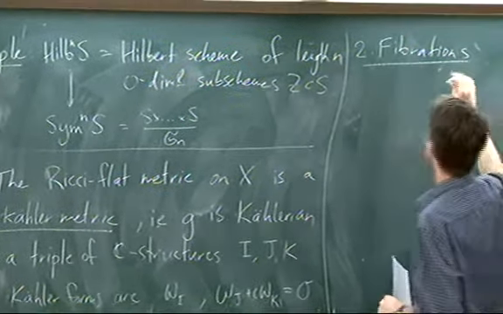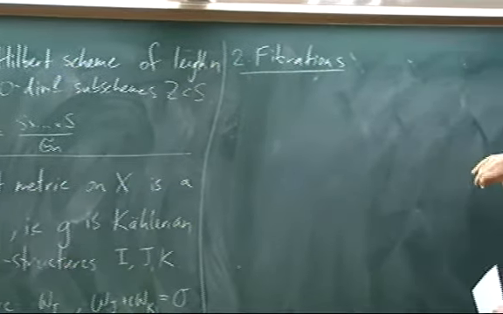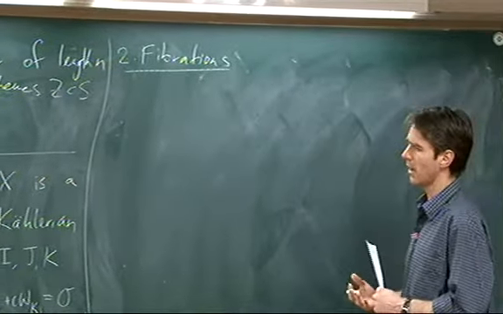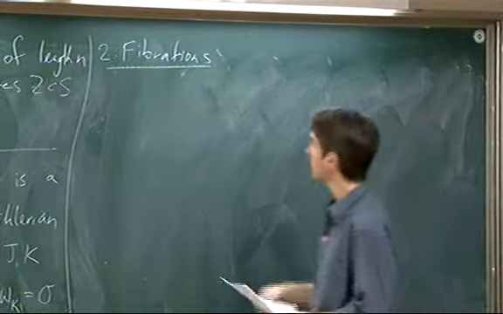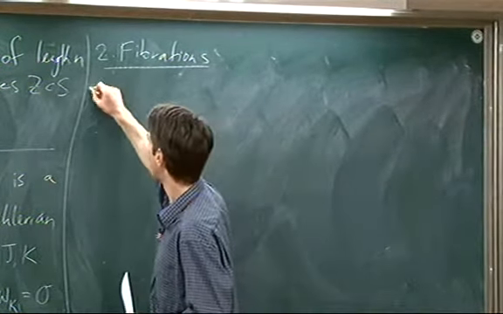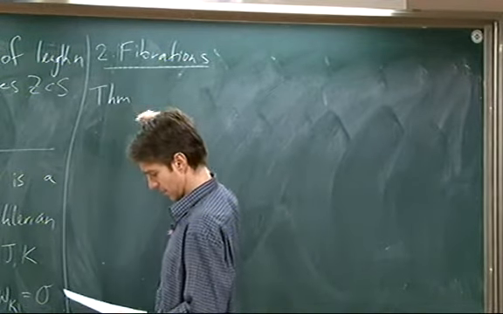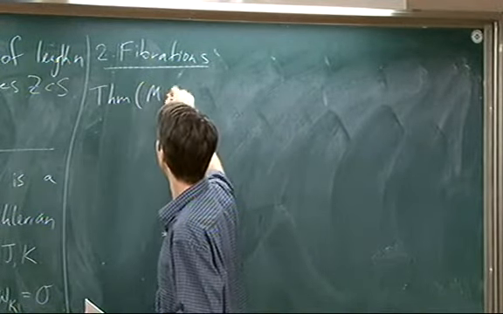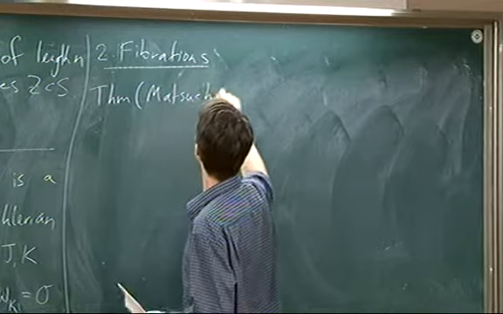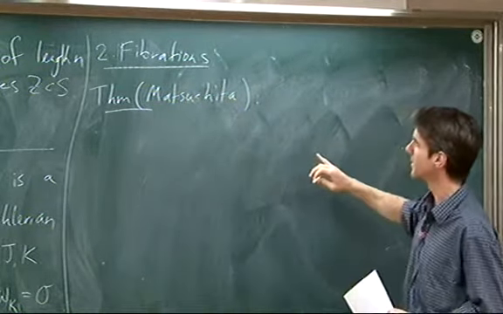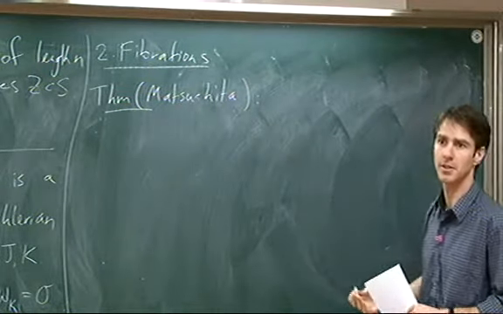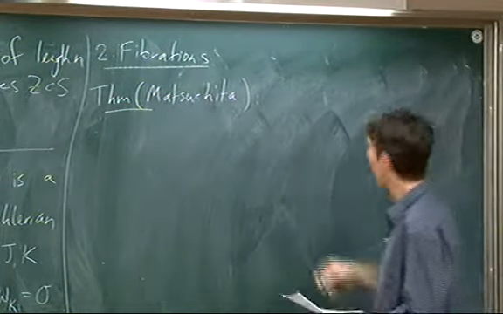In some sense, the goal of looking at these fibrations is to try to understand more of the geometry of holomorphic symplectic manifolds. And there's a very powerful result due to Matsushita, which places very severe restrictions on the kind of fibrations you can have on these manifolds.